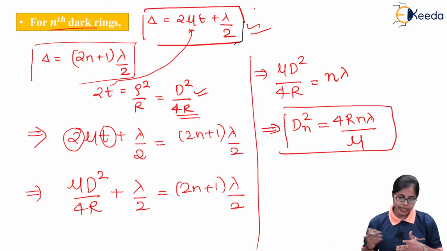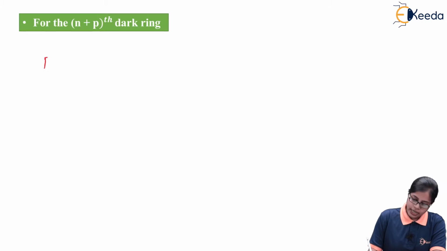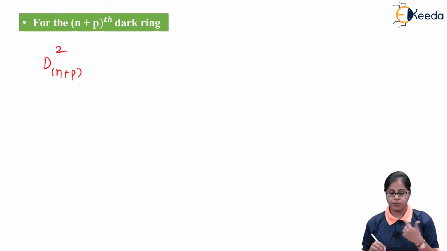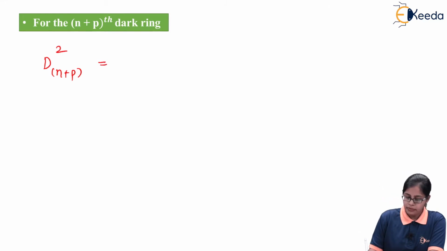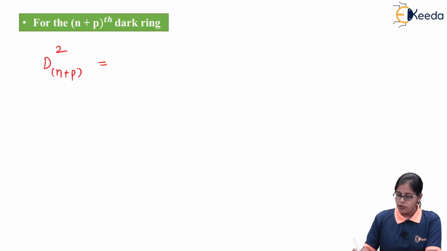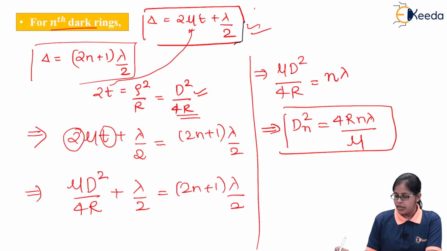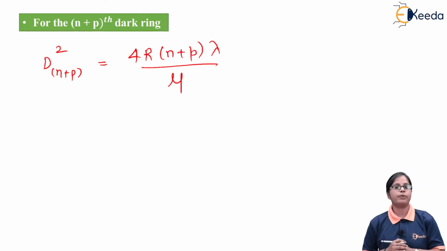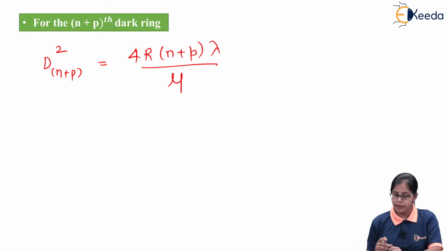So we are going to get the equation d(n plus p) squared, that is for the diameter of the (n plus p)th dark ring, is equal to 4 times r, instead of n, again writing n plus p, lambda by mu. So that's the equation for the diameter of the (n plus p)th dark ring.